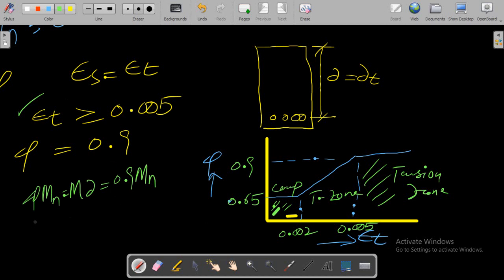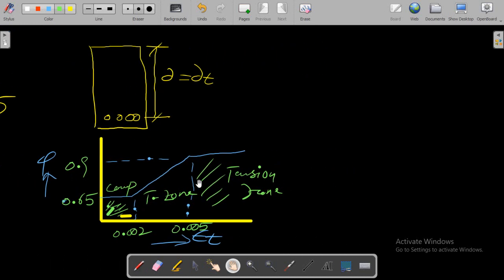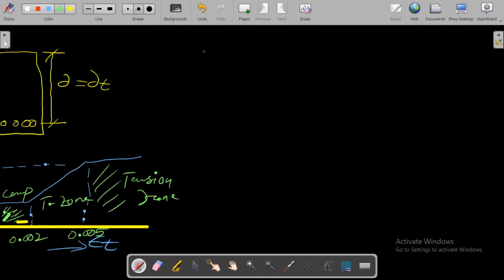If the value of epsilon t is less than 0.002, this means we are in the compression zone, and in that case the phi value will be 0.65, and the design capacity Md is found by multiplying 0.65 with the Mn value. This is important.